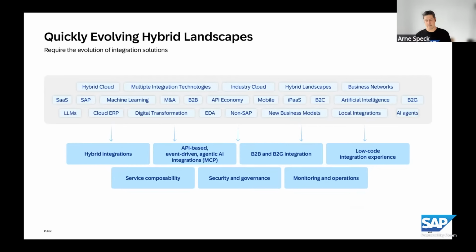Now, if we look at the application landscapes of most of our customers, we're seeing private cloud installations, we're seeing still on-premise installations, we're seeing public cloud installations, and somehow all those different applications together have to span and create integrated processes. So we have to make sure that we are able to operate on the different stacks in the different landscapes. This is what we are targeting with it.